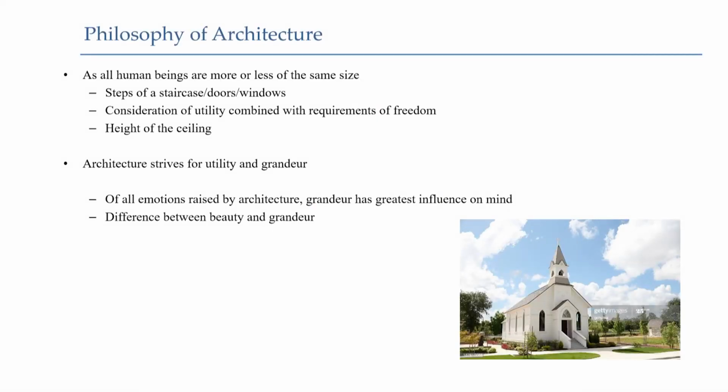Let us move forward. So, the Scottish School of Aesthetics says that as all human beings are more or less of the same size, and in this we find an echo of Vitruvius and Vitruvian Man, if you remember that painting which was created by Leonardo da Vinci, where a nude man has outstretched hands and outstretched legs, where the length of the hand from one tip to another is equal to the height of the man.